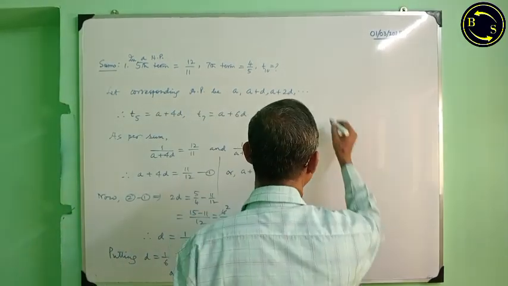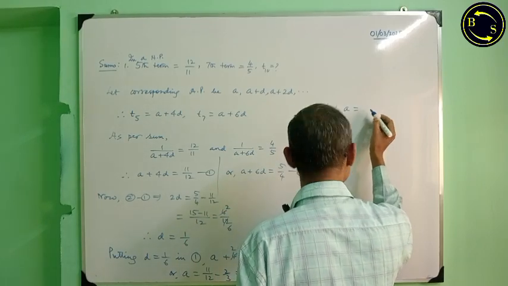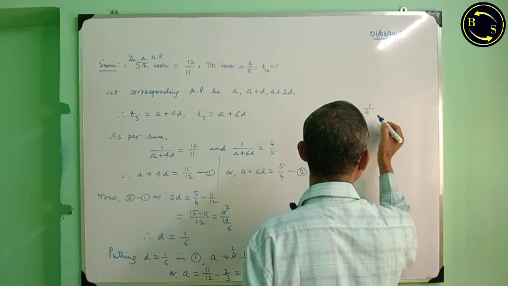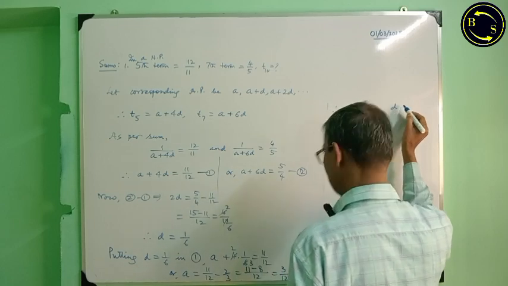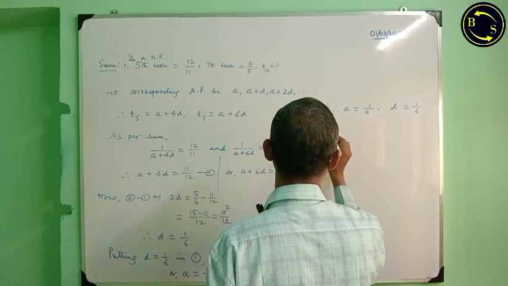Therefore, A is equal to 1 by 4, D equal to 1 by 6.